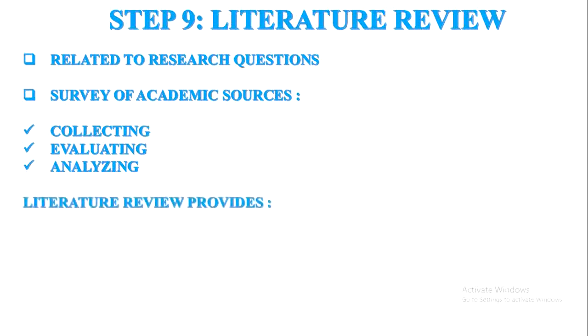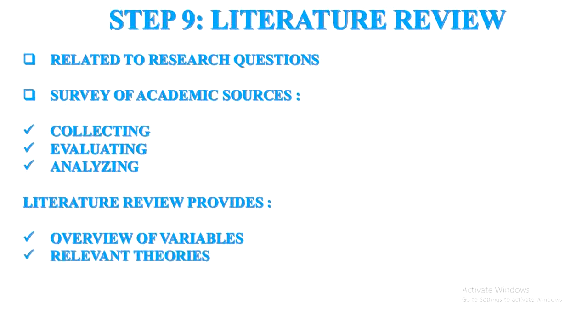After analyzing, you can write your literature review. The literature review gives you an overview of your variables, which are dependent, independent, moderator or mediator. It gives you relevant theories and methods related to your variables, and it provides you research gaps related to your variables.